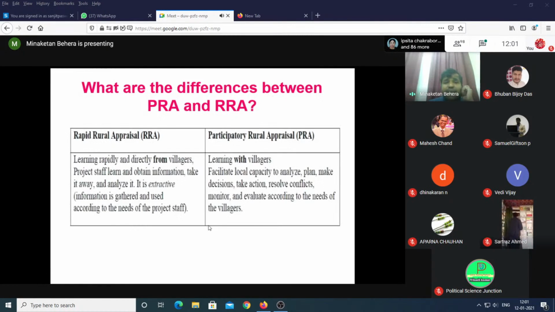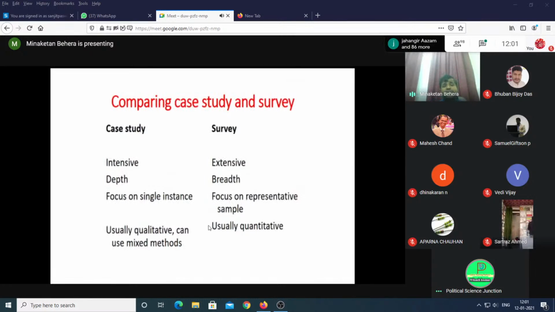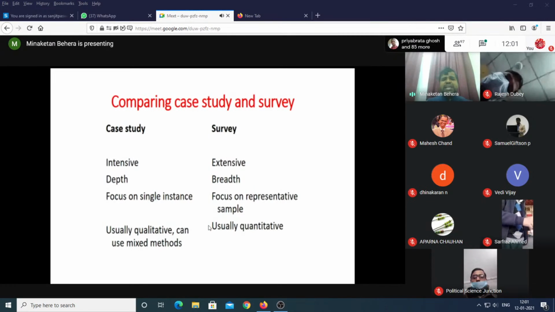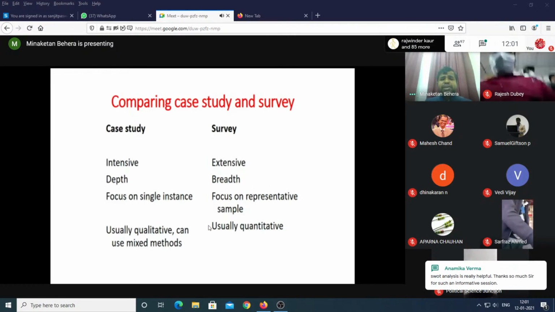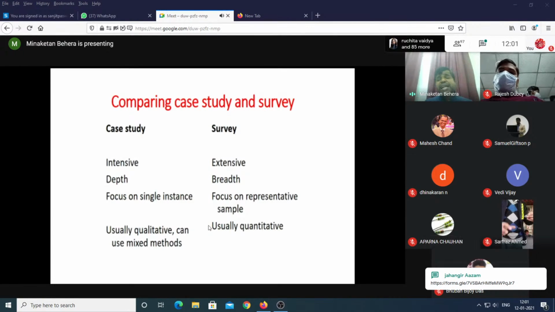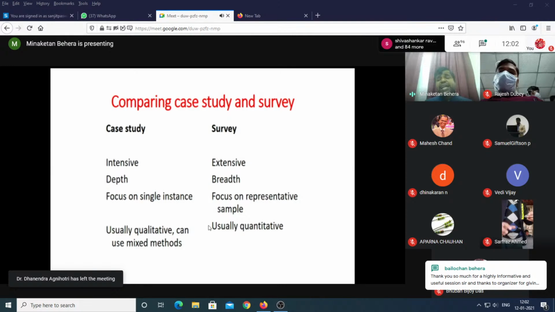Another one we have already explained, no need of that. Another one is, remember, the case study. A case may be an individual, an organization, or a community. If you compare with a survey, a case study is intensive and a survey is extensive. In a case study you find in-depth understanding of a particular community or organization.